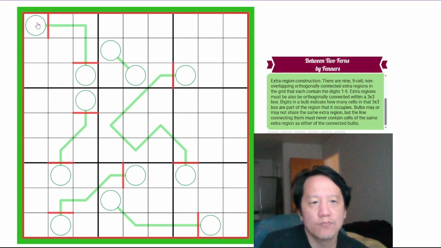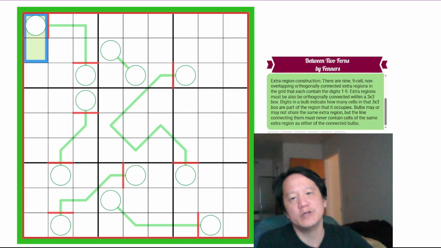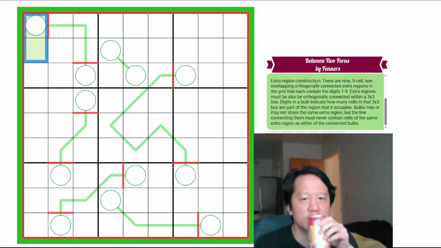Digits in a bulb indicate how many cells in that 3x3 box are part of the region that it occupies.